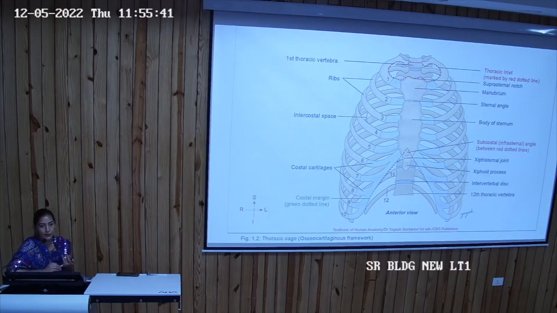Thoracic vertebrae are 12 in number, T1 to T12. Laterally it is bounded by the ribs. Ribs are also 12 in number, which are running from the posterior end to the anterior end. The posterior end will be lying towards the vertebra, and this region will be the anterior end of the ribs. So the thoracic cage is bounded by the sternum, vertebral column and the ribs.